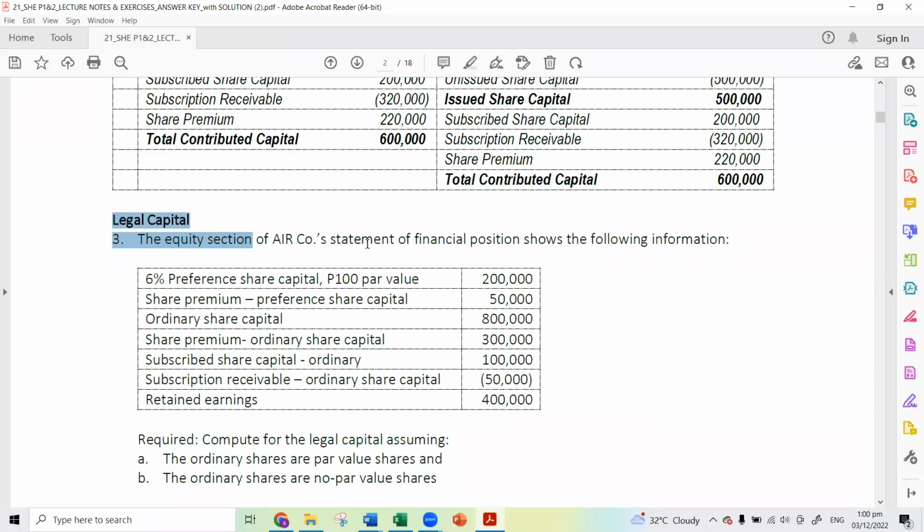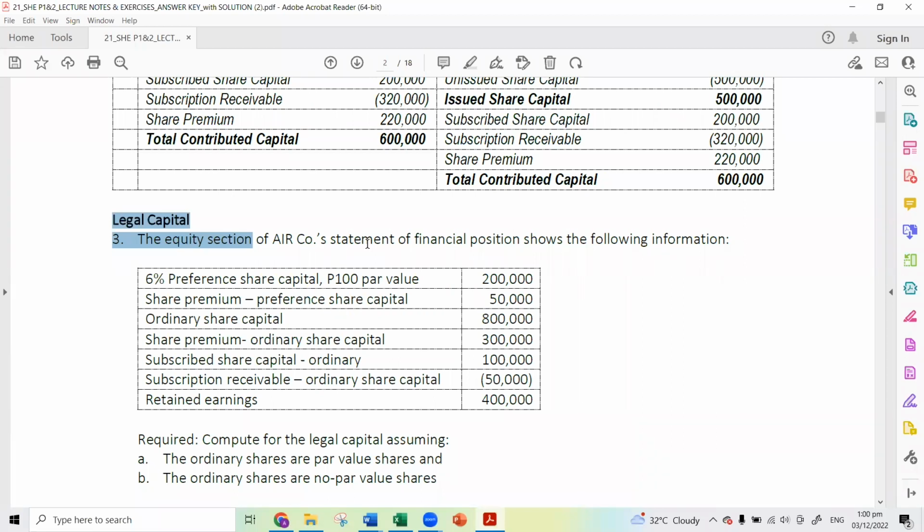So this legal capital is a portion of the contributed capital that cannot be distributed to the owners during the lifetime of the corporation, unless the corporation is dissolved and all its liabilities are settled first.